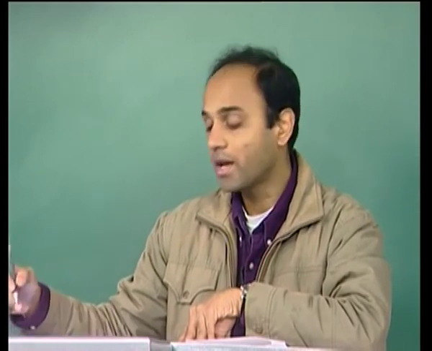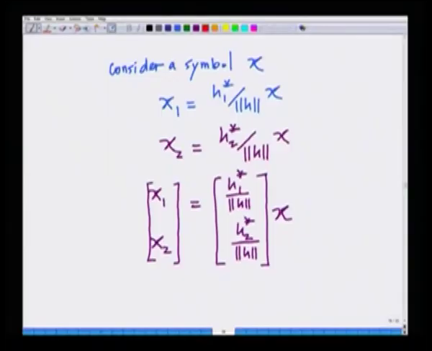This is something similar, except now it is not a matrix, but a single vector. This also has a name in the context of wireless communication. This is known as beam forming, that is, you are directing your beam in this direction, and more precisely this is known as transmit beam forming.